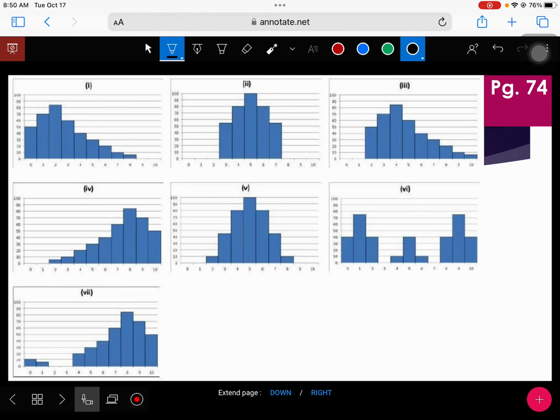The mean is going to follow the tail, and the median really doesn't care. So write down for number 1, which of these graphs do you think has a mean greater than the median? When you look at these graphs, they go in order from left to right. They increase from left to right in values.